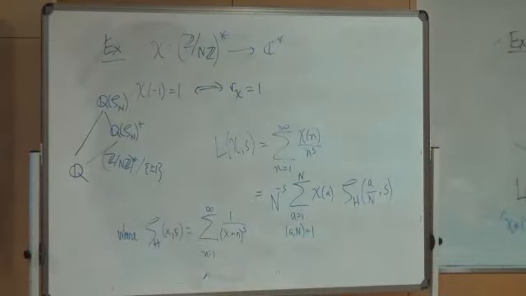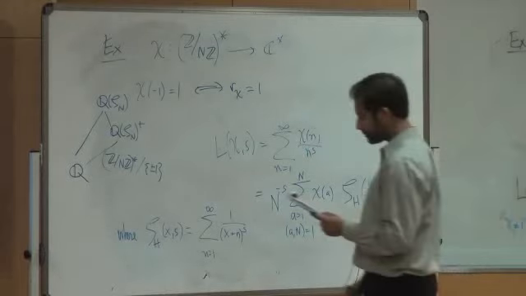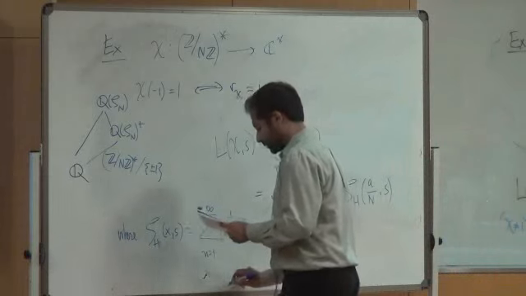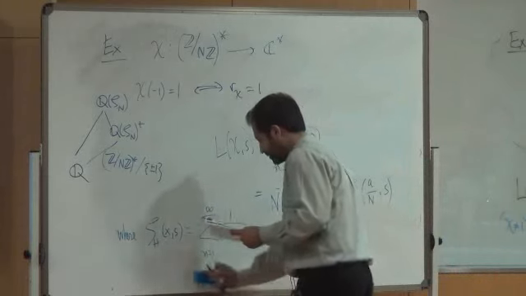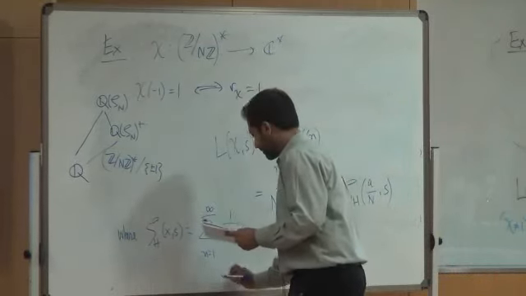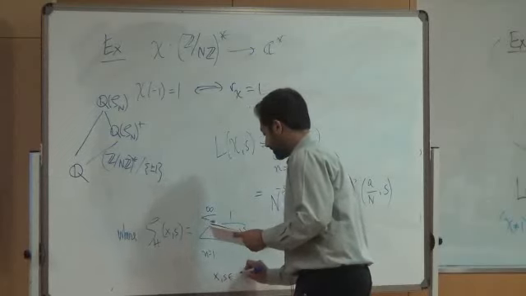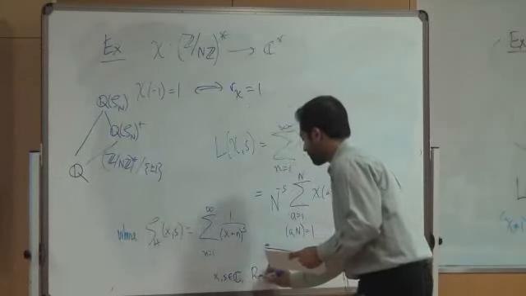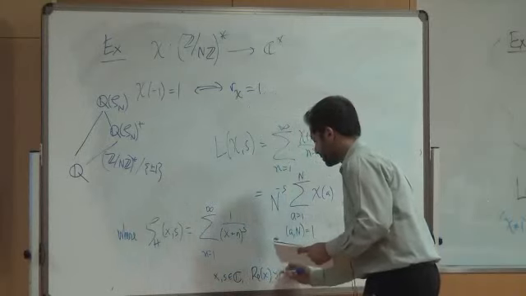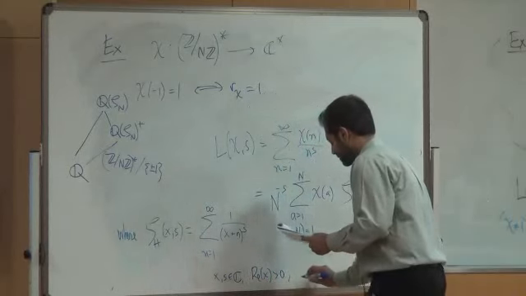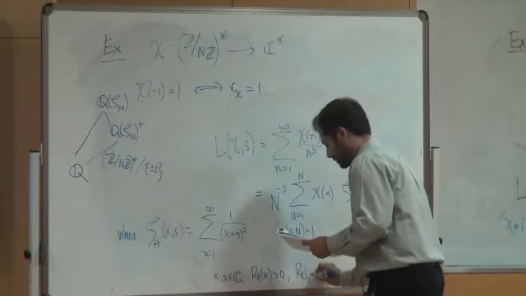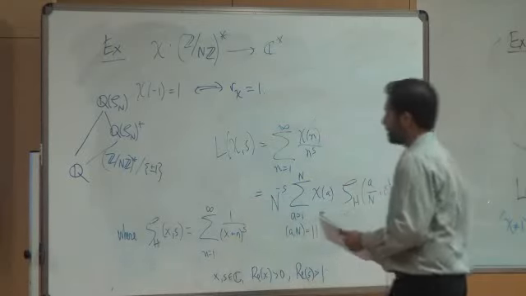So when x is 0, I guess that's just the usual Riemann zeta function. This converges for x and s complex, real part of x greater than 0, real part of s greater than 1.